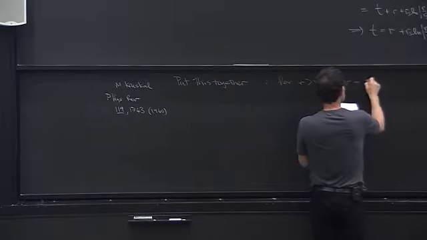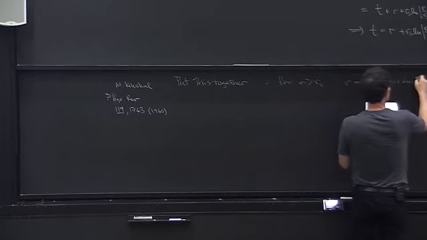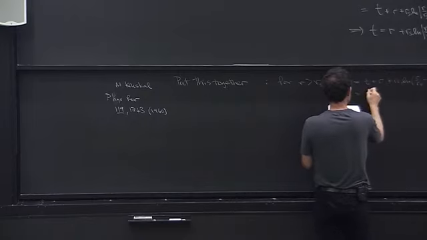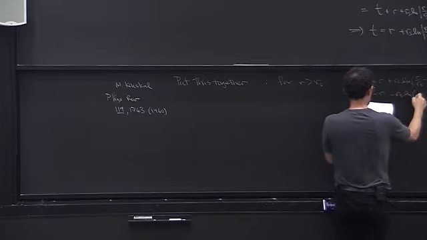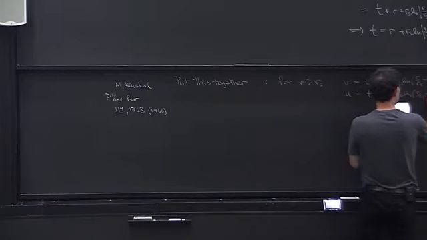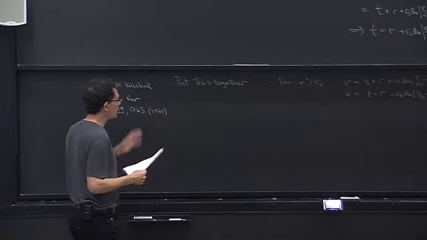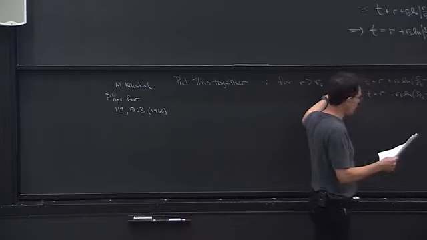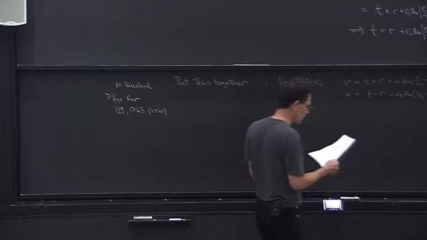So v is t plus r plus rs log (r over rs minus 1). u is t minus r minus rs log (r over rs minus 1). And we're only doing this for r bigger than rs. u is constant on outgoing light rays, and v is constant on ingoing light rays.